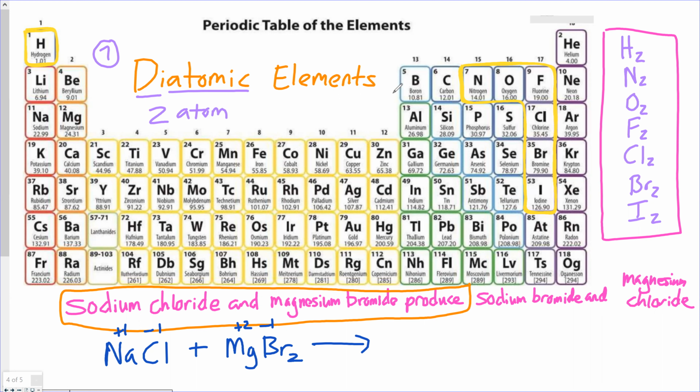Here's the good thing, right? Once you get your letters and charges on the left side, your charges should carry over. They're not going to change. Your formula might change, but your charge is going to carry over. So you have sodium. Here's your +1. Bromide, that's Br. This was a -1. So that formula is right.